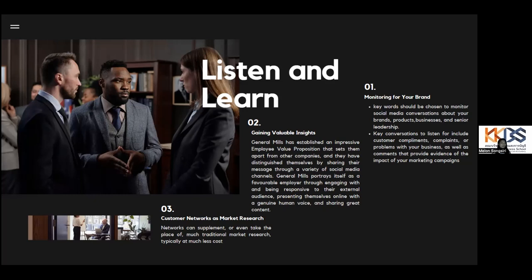Next one is gaining valuable insight. It is important to be ready to capture the idea, respond, and act on the insight. The last one is using the customer network as market research. The network can supplement or even take the place of traditional mass market research, typically at much less cost.